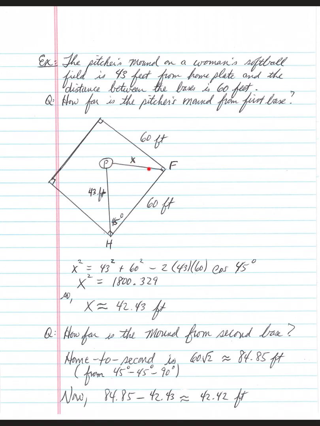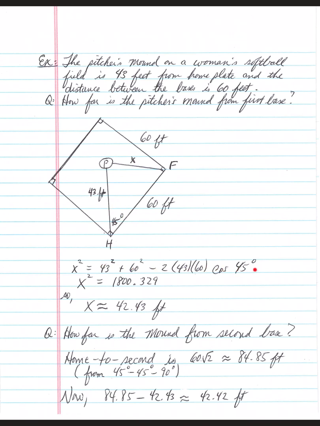Notice we do have a triangle, not necessarily a right triangle, but we have a side, and an angle between, which is a perfect candidate for law of cosines. X squared is equal to 43 squared plus 60 squared minus 2 times 43 times 60 times cosine of 45.